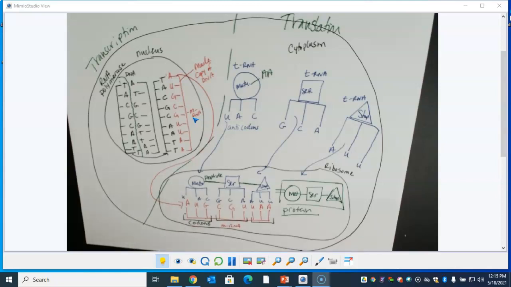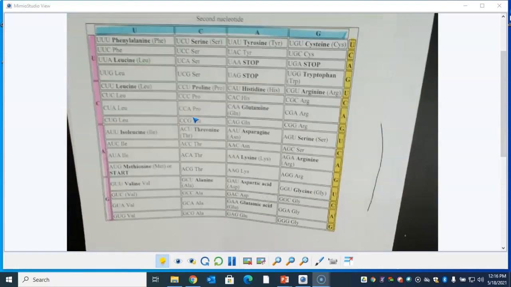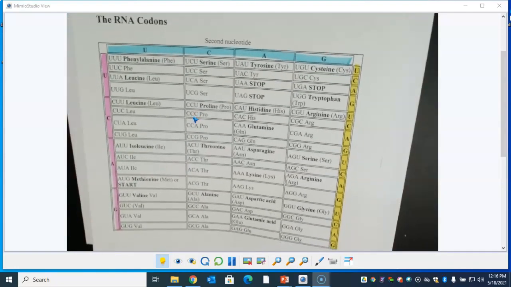Now we have something that helps us determine which combination of codons will code for certain amino acids, and that is called the genetic code, or universal genetic code, and that's what this is right here.